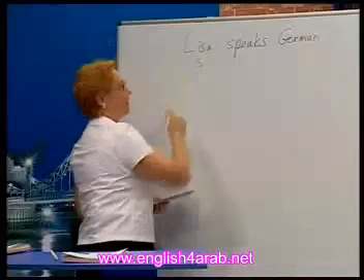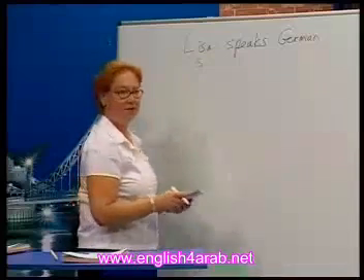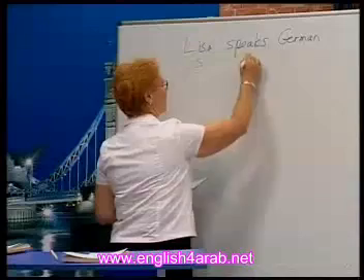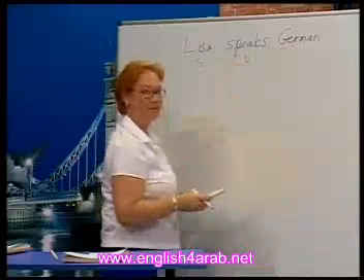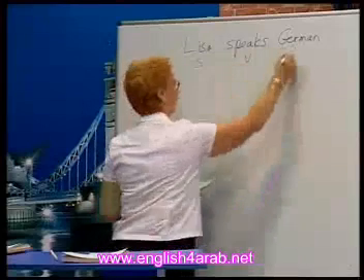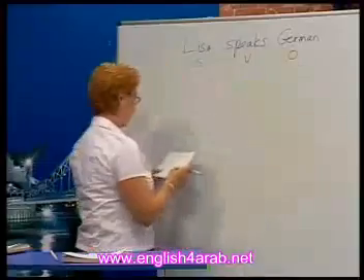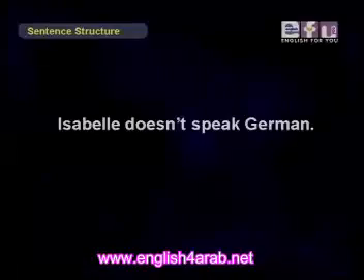Good. Isabel, what's the verb? Speaks. And Ali, what is this? It is the object. Good. Okay, here's another sentence. Isabel doesn't speak German.